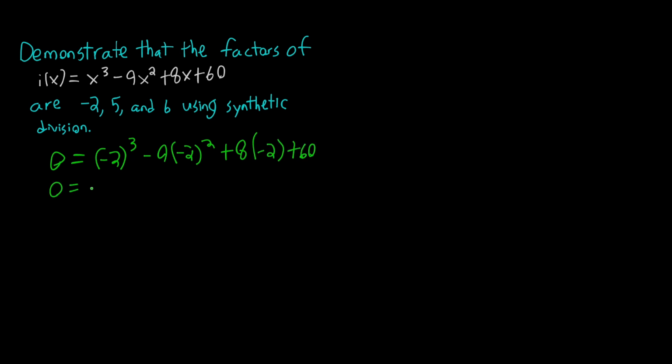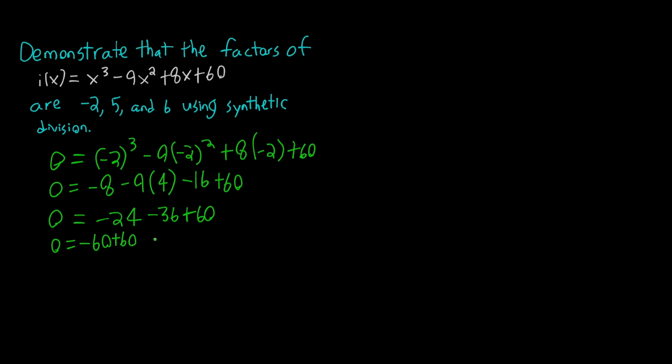Well, this is going to give me -8 minus 9 times positive 4 minus 16 plus 60. So combining this stuff together, I'm going to get -24 minus 36 plus 60, or 0 is negative 60 plus 60, or 0. So we can proceed with synthetic division here, is the good news.